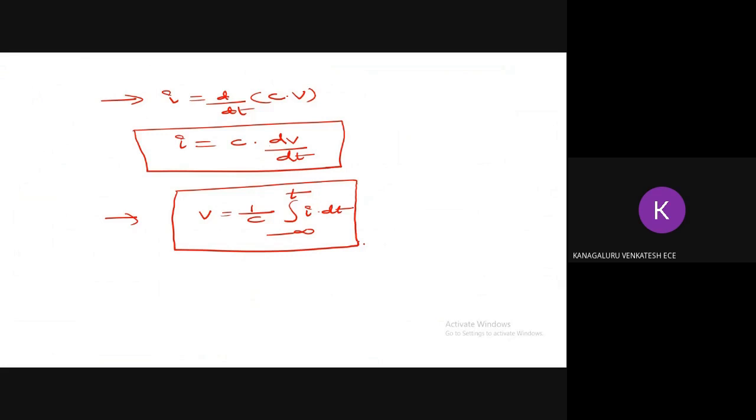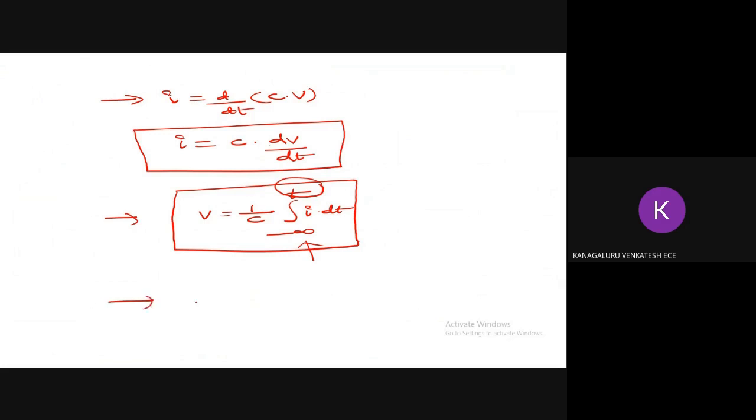For example, if that particular capacitor was previously used by someone, then it might still store that energy. So to account for the previously stored energy, the limit is from minus infinity till the present time t.